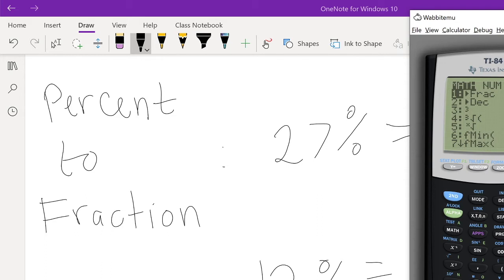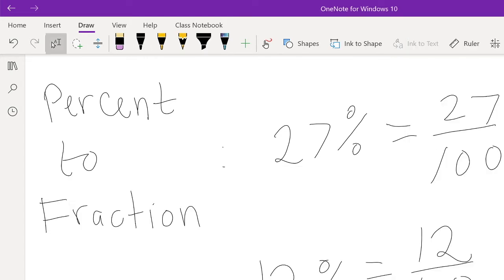What that does is take any fraction or even any decimal and give as an answer the fraction in lowest terms. So hitting enter here, there we go, 3 over 25.